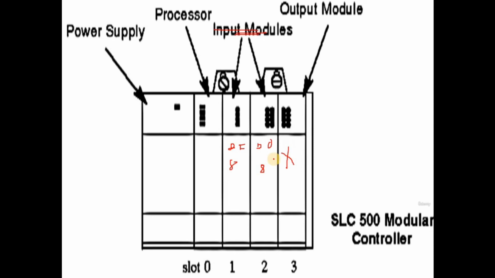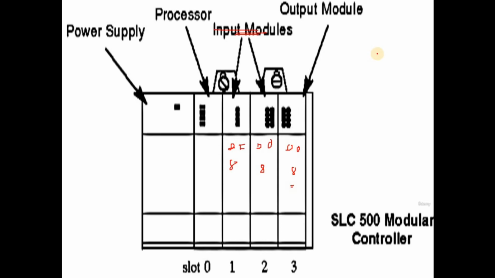If you want to fulfill the requirement of 8 more outputs, we just need to add one more digital output card in this slot. That means we can extend the number of inputs as well as outputs in the modular type PLC.